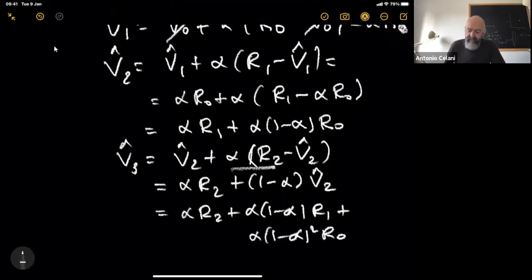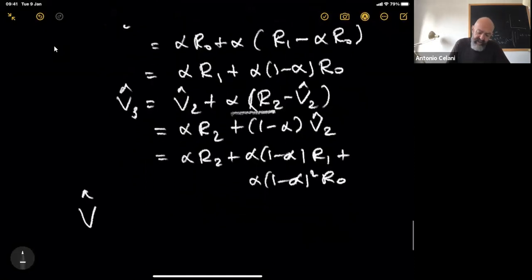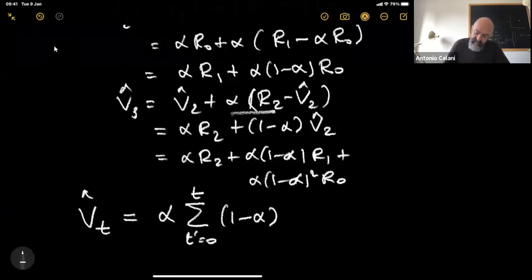Okay. And then you can proceed inductively, or you can just jump ahead and say that after t steps, your estimate will be like this. So this is going to be the sum over t prime from 0 to t of (1 minus alpha) to the power t minus t prime, times r at t prime.